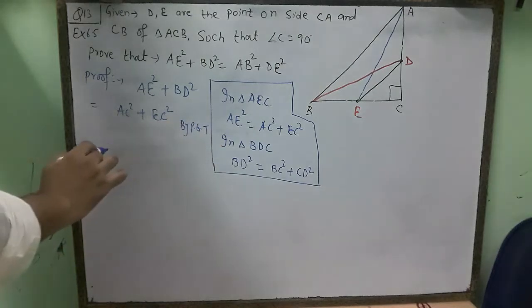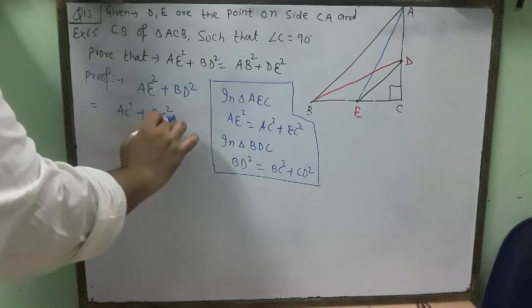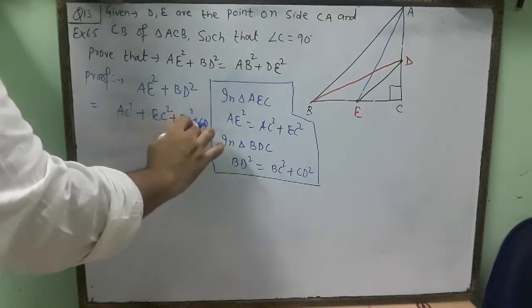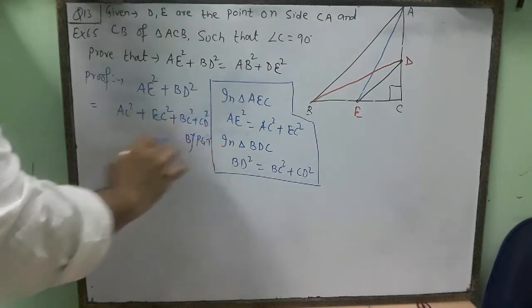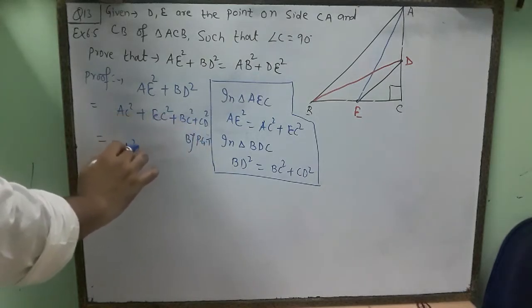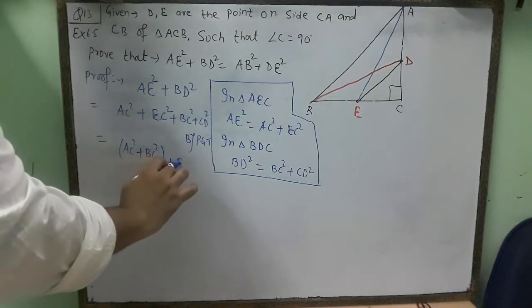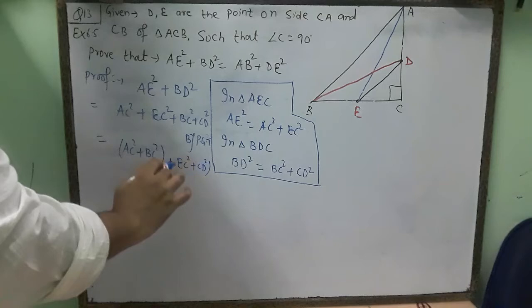Now BD square can be written as BC square plus CD square, all are by PGT. Okay, now see, AC square and BC square write in one, and then EC square plus CD square.